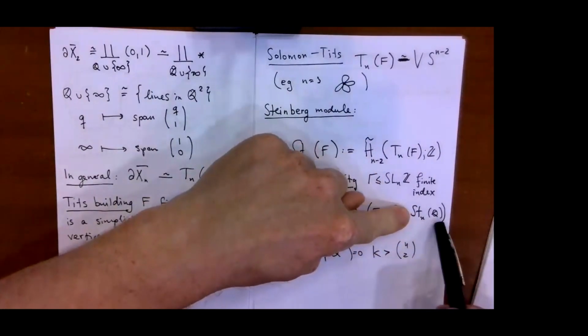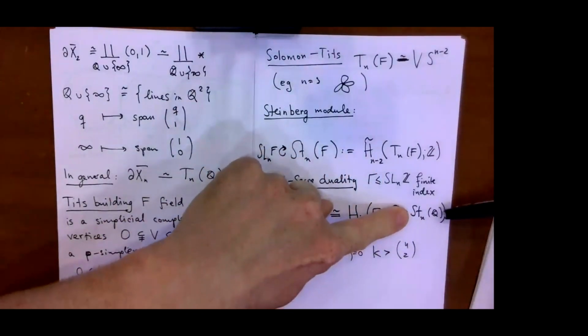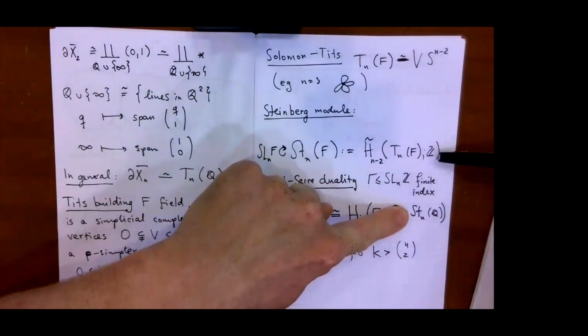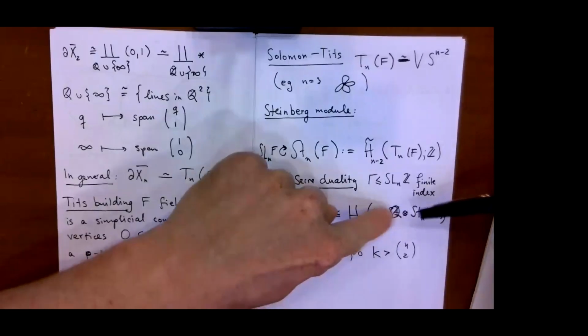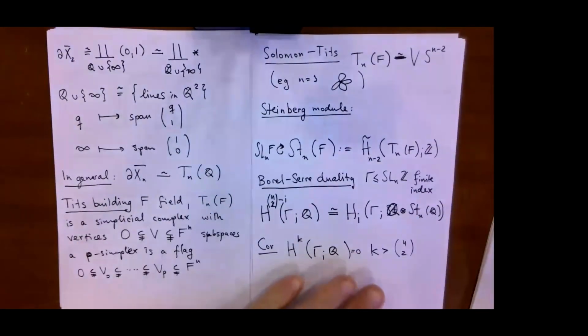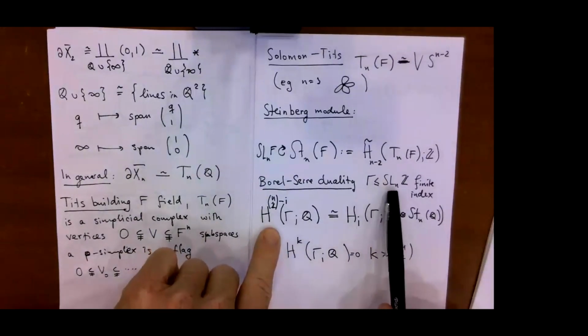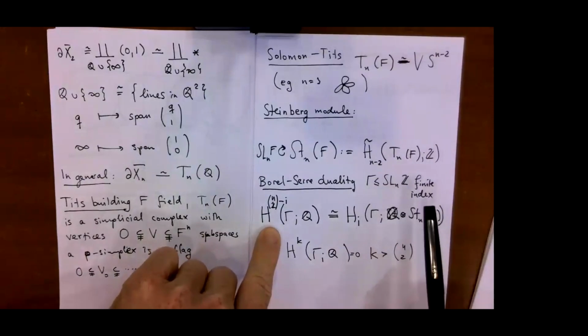I just want to point out again, this is actually a free abelian group, despite being infinite dimensional. And now this is then an infinite dimensional Q vector space. But so you have this for SL_n of all number rings.